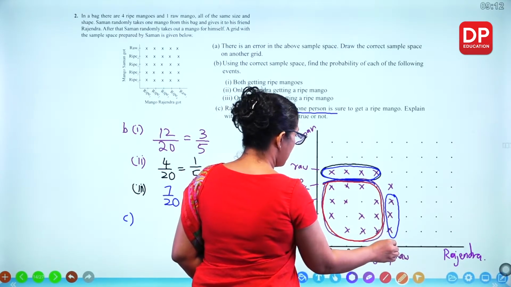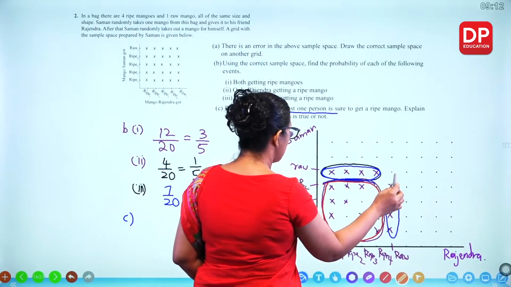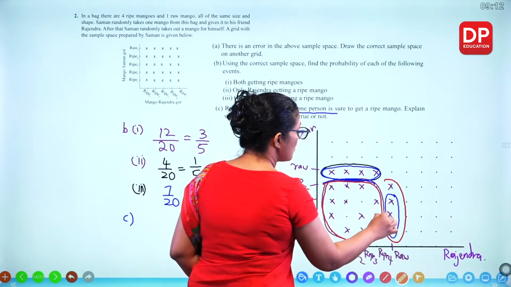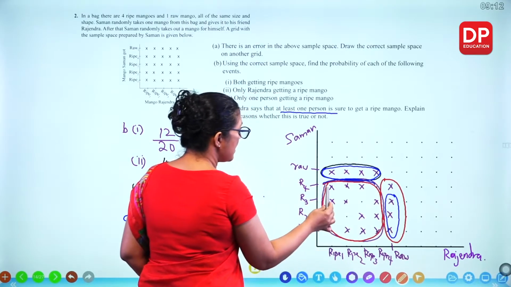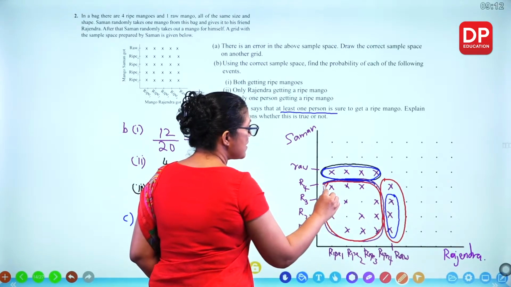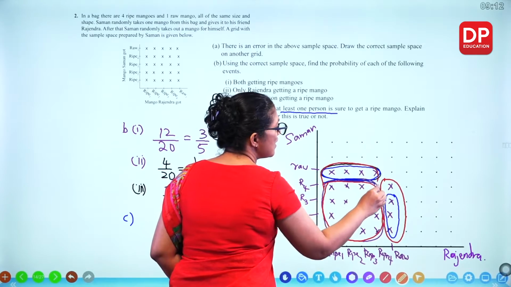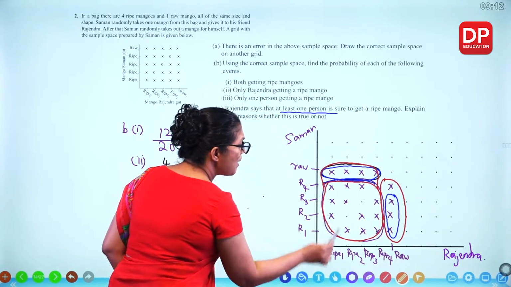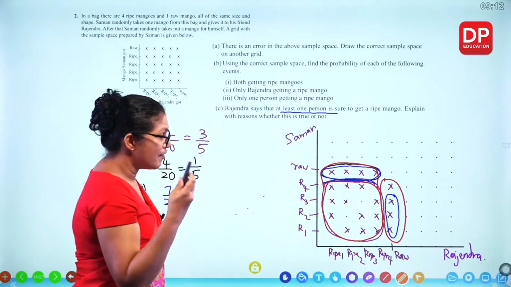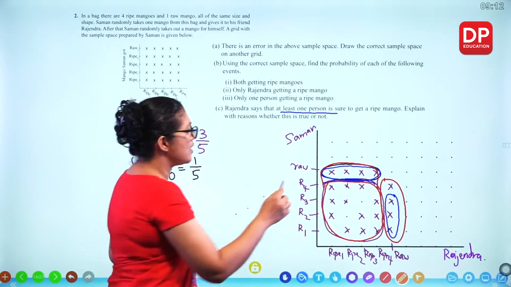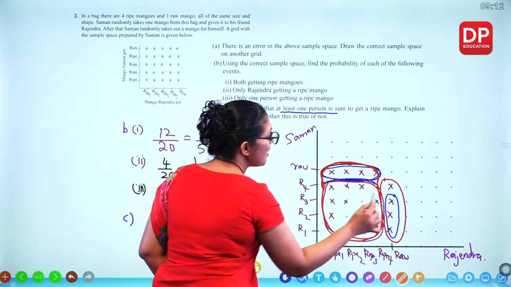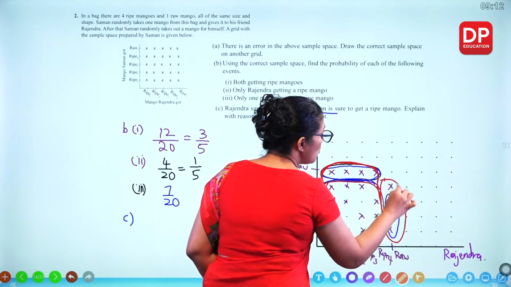So here, raw with raw, that means you are not getting this one, so this part is okay. And here, at least one person means this whole thing you can get. So here, this is ripe one with raw means Rajendra is getting ripe one.